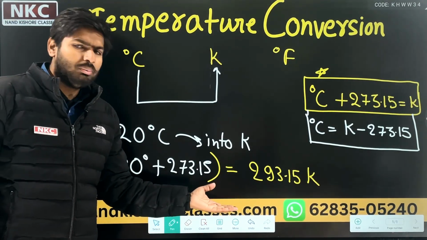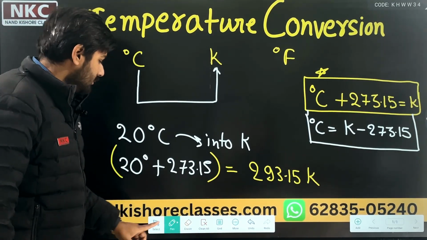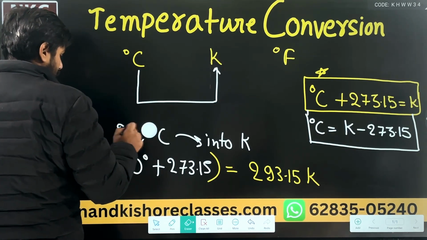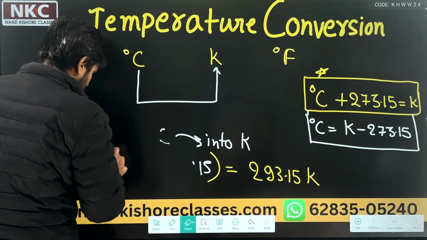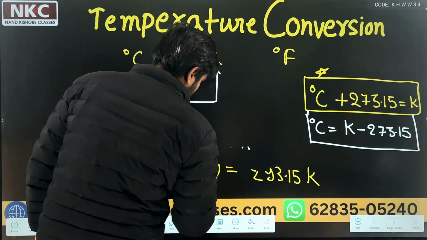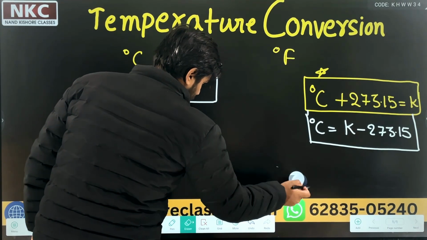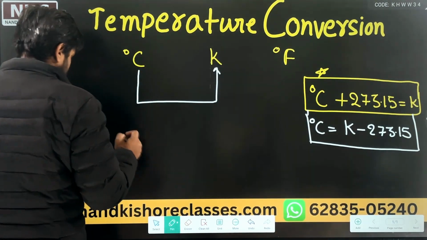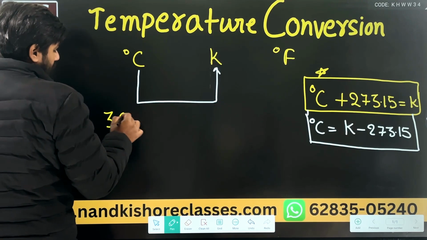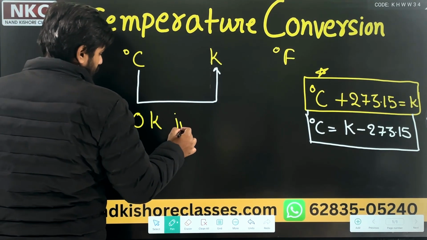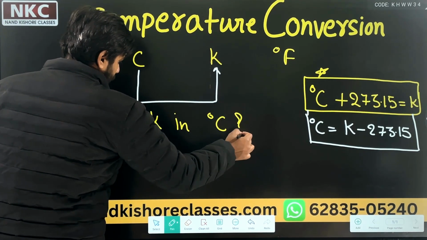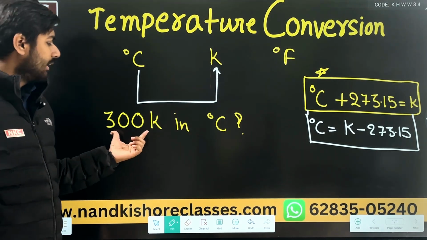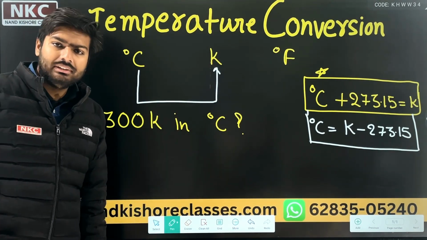Okay, so it is a very easy calculation. Let's see another question. Let me make some space. You are given 300 Kelvin, and you have to calculate it in degree Celsius.